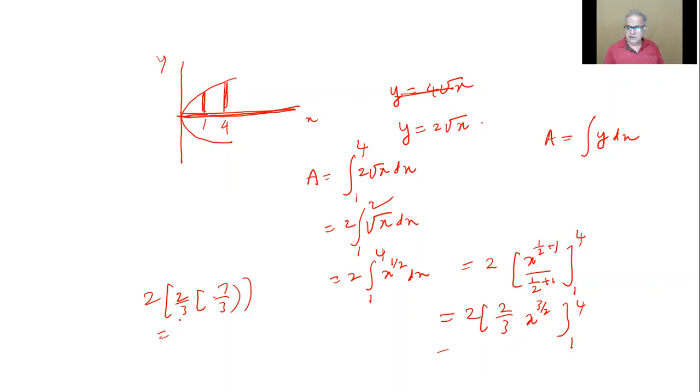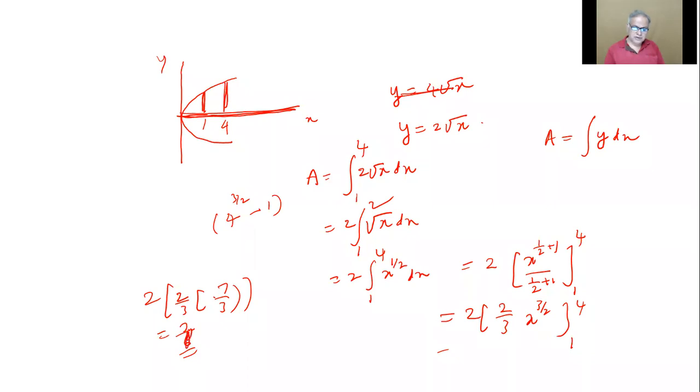So this 3 somehow got 7 by 6 now? Hurry, you bother me even for calculations. Come on, 2 by 3, that extra power. 4 to the power 3 by 2 minus 1. So that is how much?